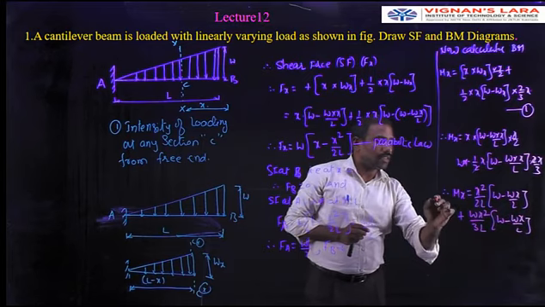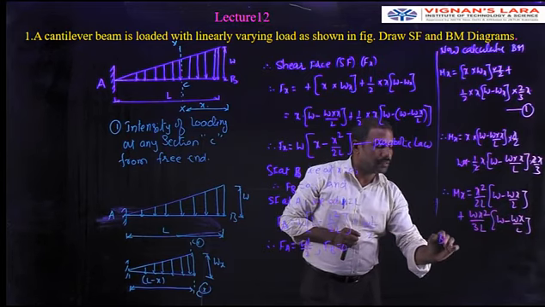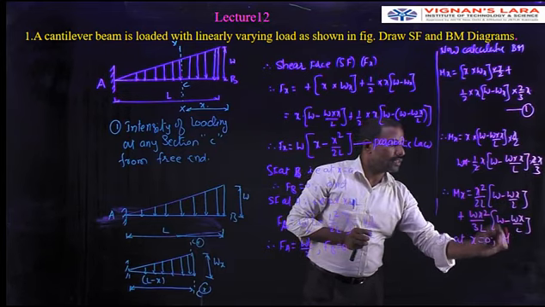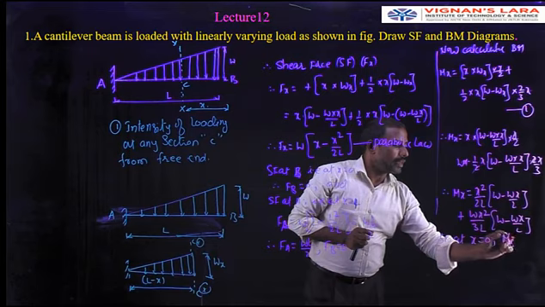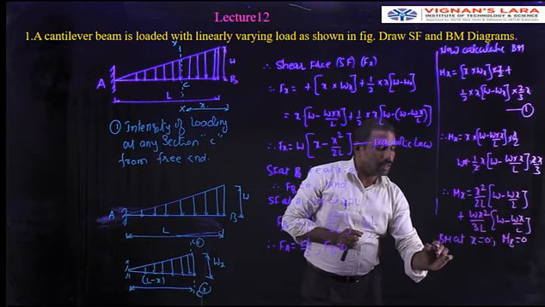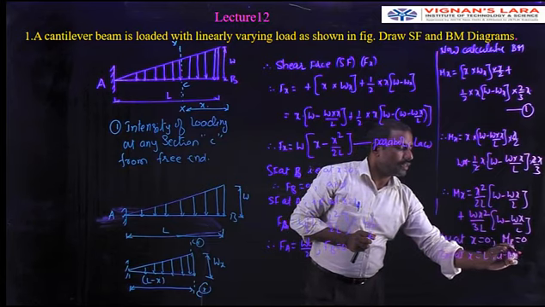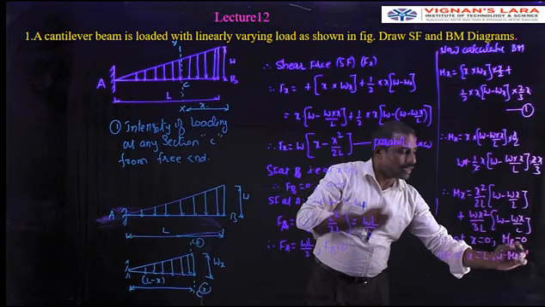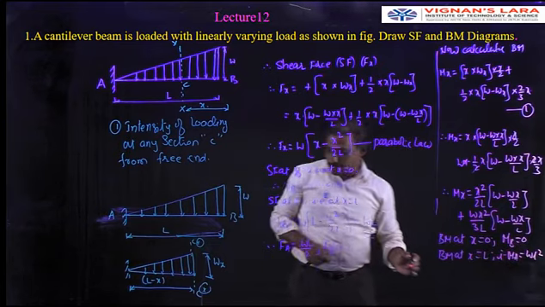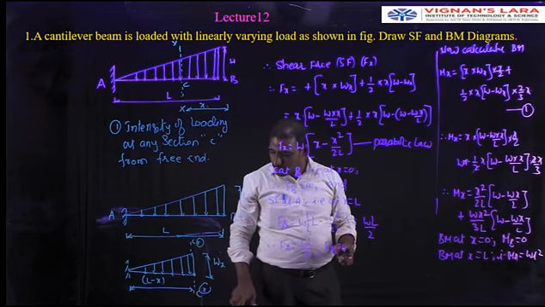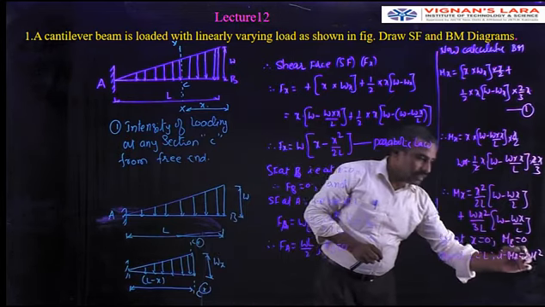Simply you can calculate the bending moment at x is equal to 0, it means MB, that is 0, and BM at x is equal to L, it means MA. Therefore MA would be WL square by 3.